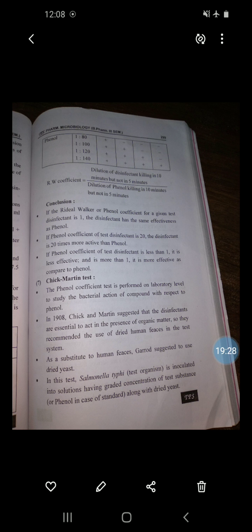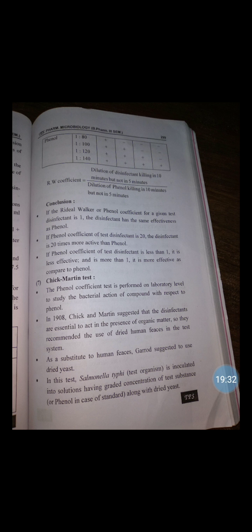Then these subculture tubes are incubated at 37 degrees Celsius for 48 hours, and observations are made regarding the presence or absence of growth of microorganism.